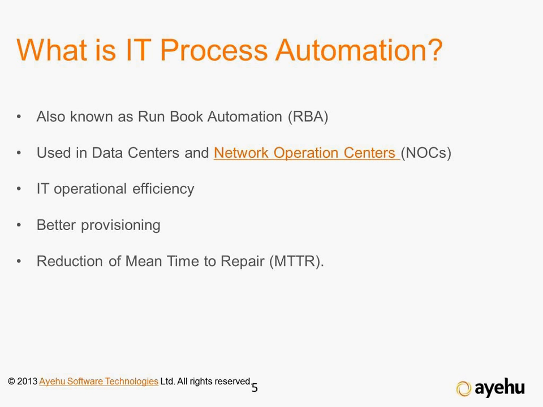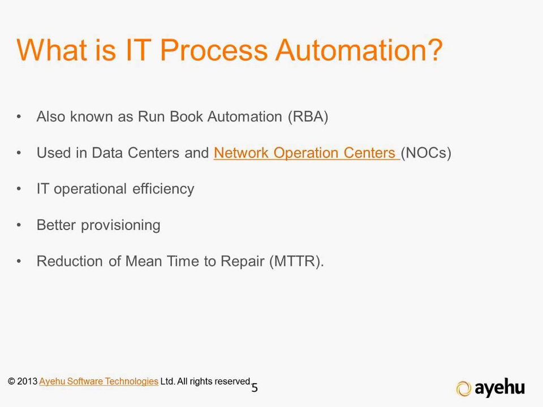A runbook automation is scheduled to run at a specific time, and IT process automation is a response to an incident that can occur at any time. So the only difference is in the scheduling. One runs at predetermined times, the other one runs at any time. Runbook automation and IT process automation are otherwise identical.